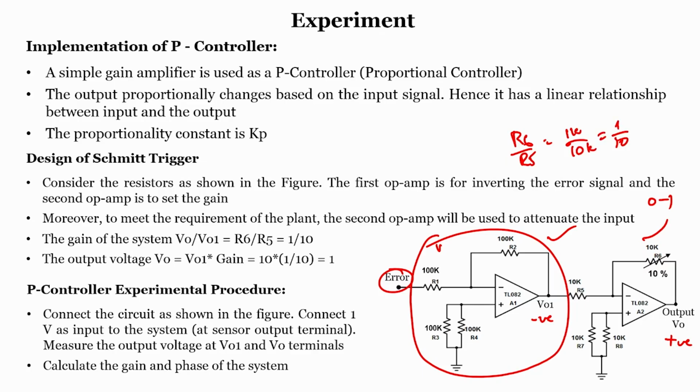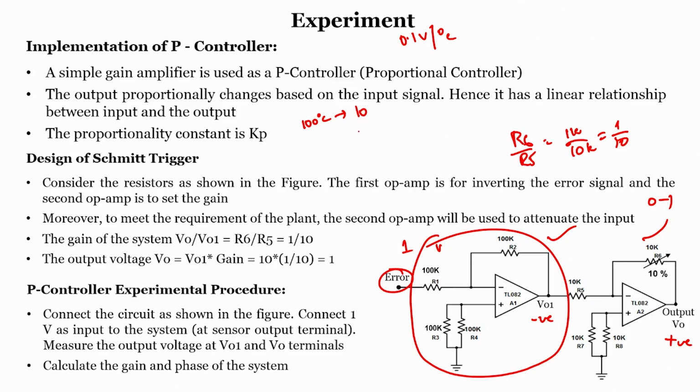whereas the gain of the first stage is 1. Now, let us take the set point as somewhere around 100 degrees. When we recall the proportionate output voltage, we remember 0.1 volt per degree centigrade is the sensitivity factor. 1 degree will be 0.1 volt, so since it is 100 degrees, it will be 10 volts.